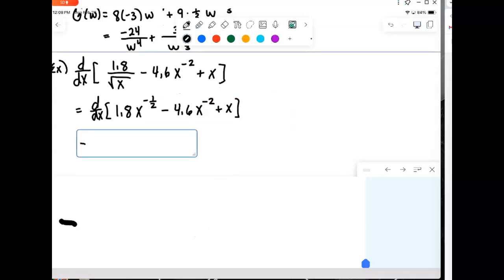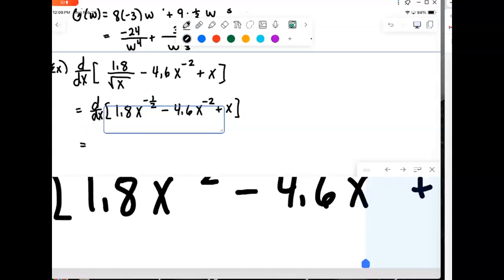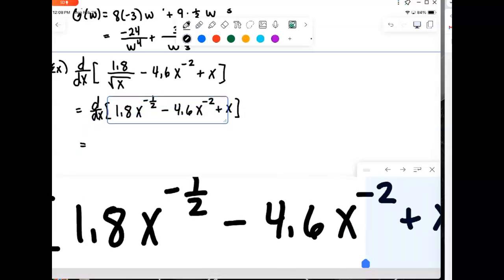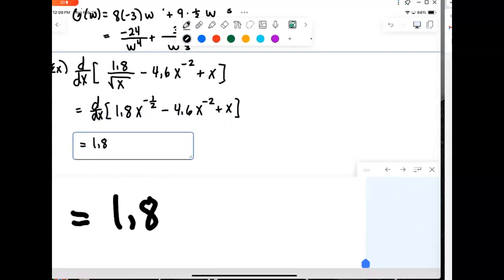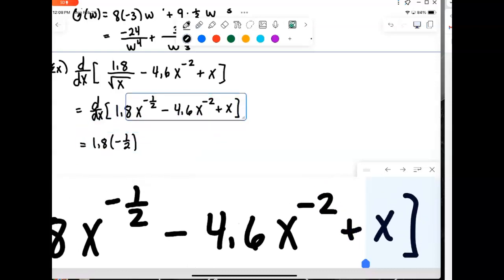And then we just go through and use our derivative process. So that means we're going to multiply by that power. So it's going to be 1.8 times a negative 1/2. And then we drop that exponent by 1.